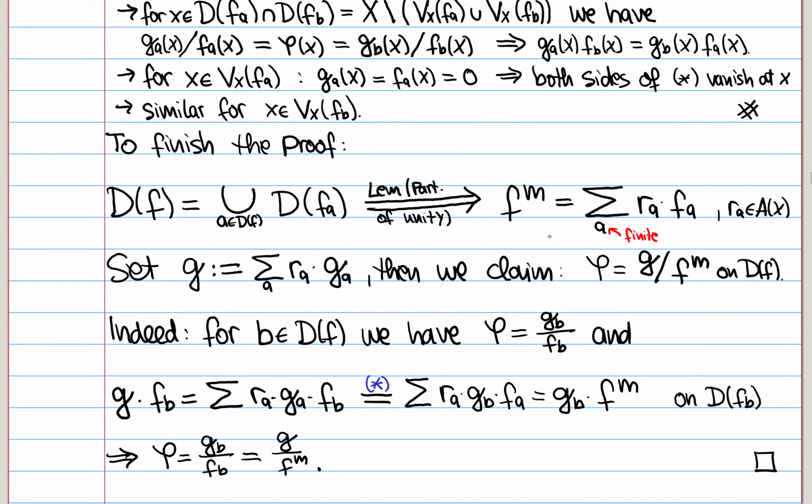But this was, by definition, exactly what we wanted to define as f to the m. So we had drawn this outside, and then we have g_b times f to the m. And this equality here, this is equal to this. After unclearing the denominators, we see that g_b divided by f_b is equal to g divided by f to the m.